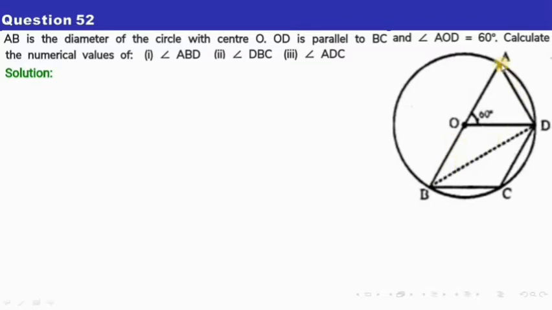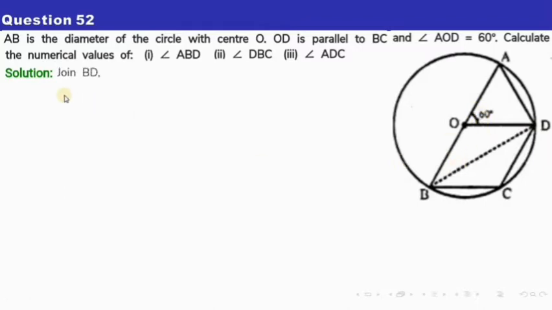Now if you pay attention to this arc AD, this arc AD subtends angle AOD at the center, and in the remaining part of the circle, the very same AD subtends angle ABD, right? So we can say that this angle is just half of this.